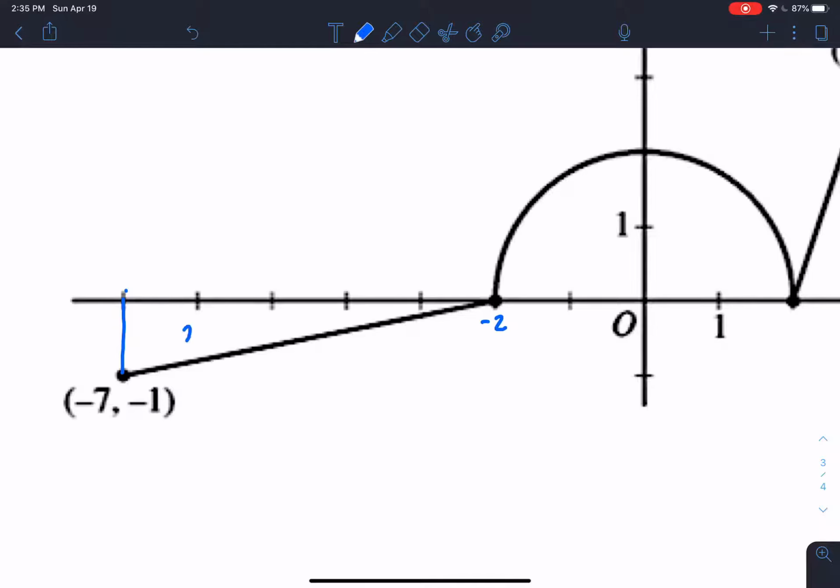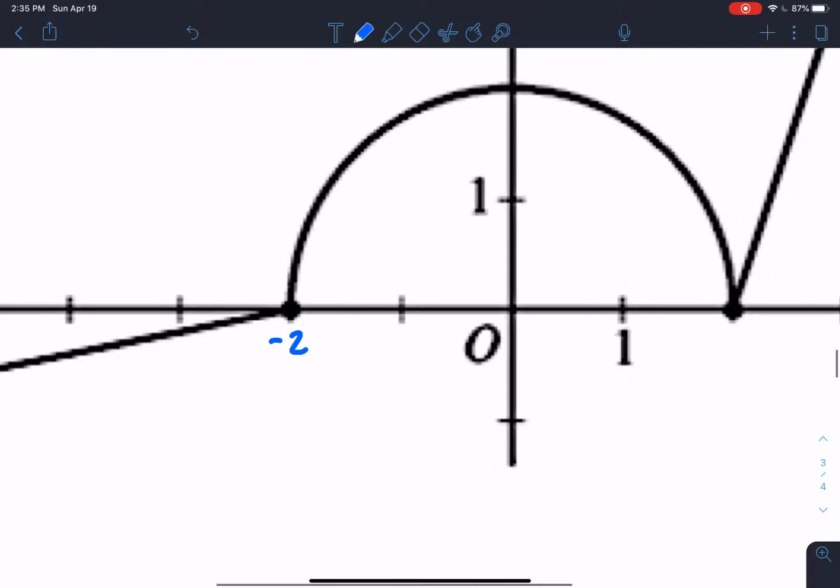So this area is going to be 2.5. Now I have a semicircle going from -2 to +2, which has a radius of 2. That's pi r squared over 2.